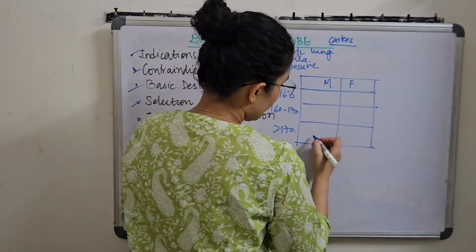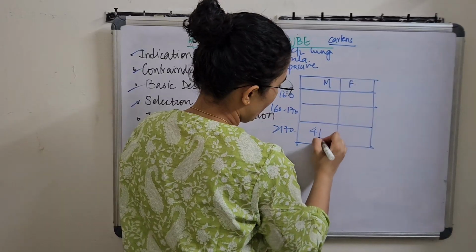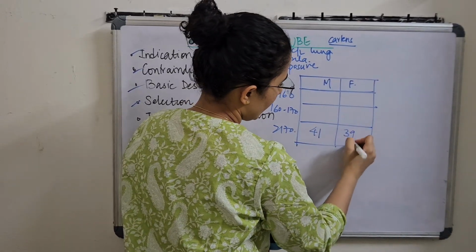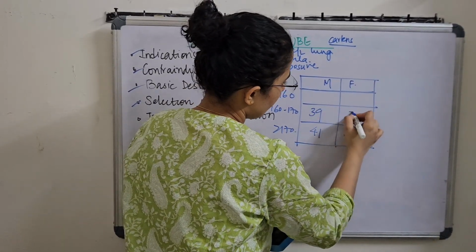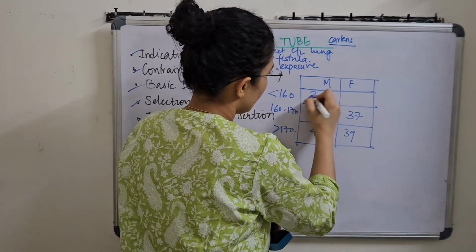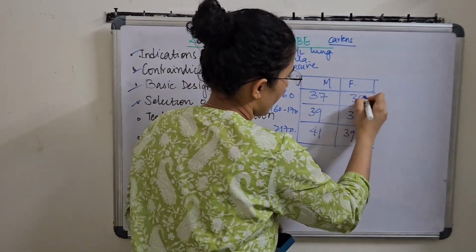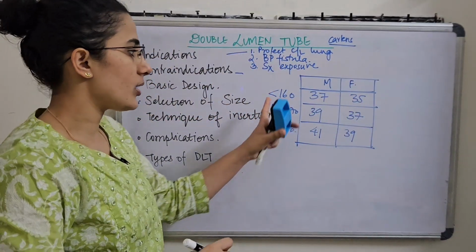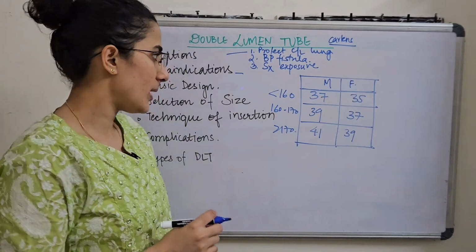So it will be a difference of 2. For males it will be 41, and for females 39, then 39, 37, 37, 35. So this box can be easily remembered this way.